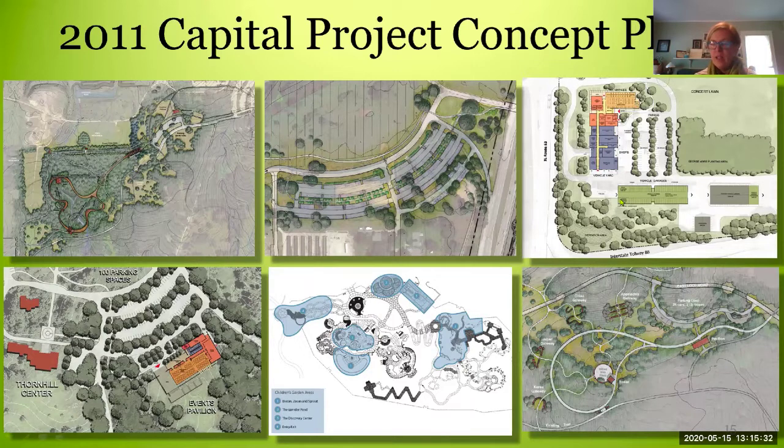This one on the upper right was the first rendition of how we envisioned a new South Farm complex. The building is oriented a different way, and the vehicle storage building is not quite as large. Then down to the lower left, when we talked about doing an events pavilion on the concert lawn, that got changed as we went through our planning process, and it became an events pavilion or conference center over on the west side near Thornhill, so that we could create an area for education and for events over on the west side of the grounds.